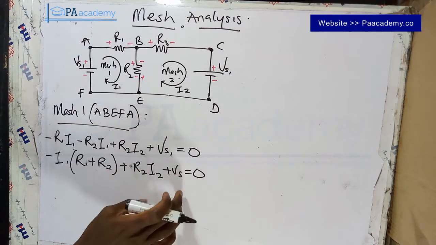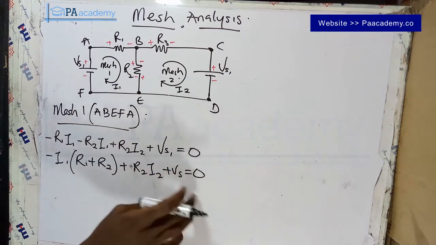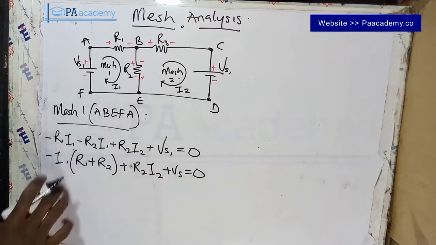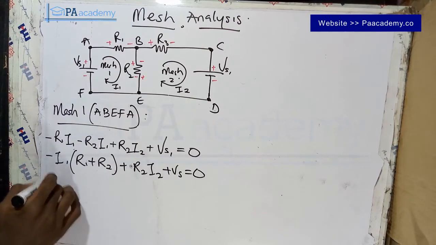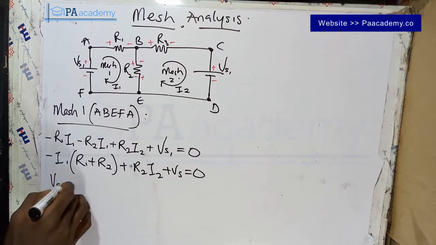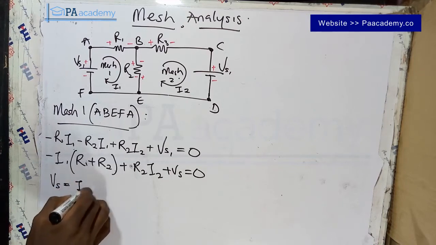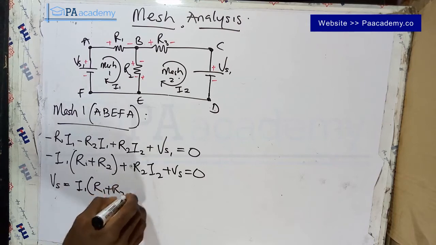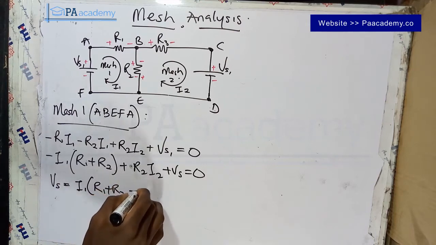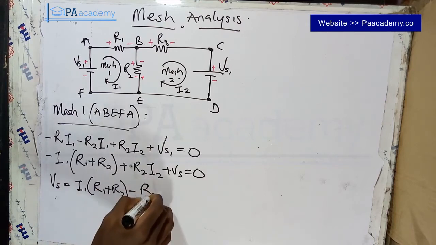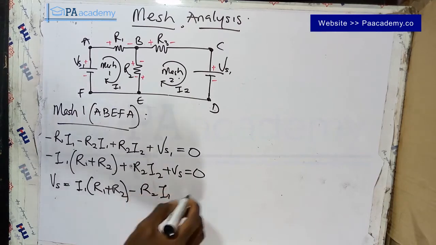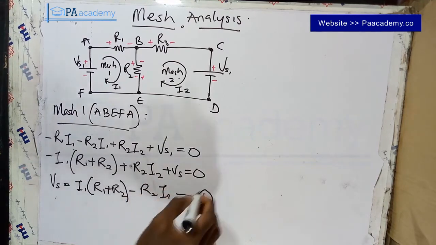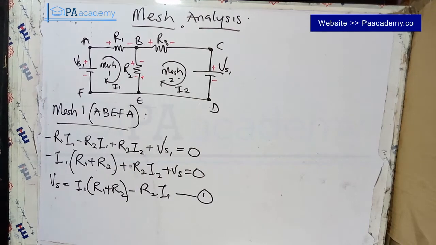I just want this Vs to be on the other side of the equation, and I want it to be positive. So doing that, I'm going to have Vs equals I1 into brackets R1 plus R2 minus R2 I2. And let's take this as our equation 1.